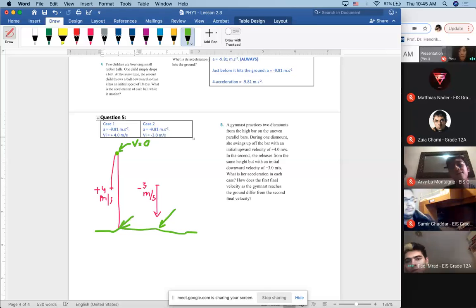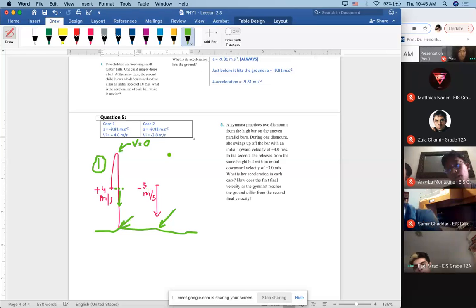And then whenever you go down, it's gonna increase 1, 2, 3, and 4. So when you reach the same horizontal line, it's gonna be 4 again, but negative. So it's as if you just started from here with -4. Compared to this motion where you start from -3, which one is gonna hit the ground with a higher speed? Case 1 or case 2?